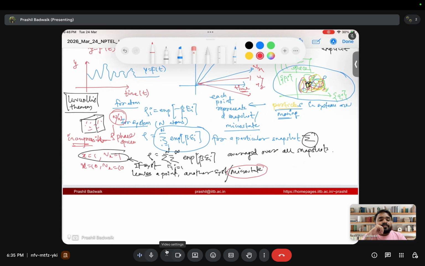How to get the energy? That is the question. We know that the probability density of that particular phase space depends on the energy, right? So the question is how to get the energy.